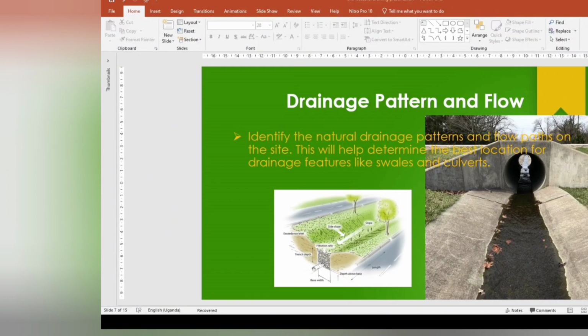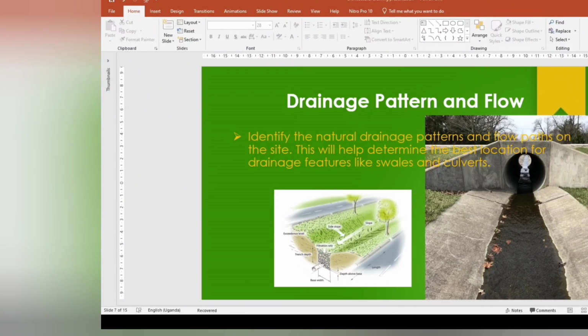French drain, this is the illustration about a French drain. A French drain is a type of drain consisting of an excavated trench filled with pervious materials. So they excavate a trench and fill it with pervious materials such as aggregates, coarse sand, gravel, crushed stone, whose beds water percolates and exfiltrates into the soil.